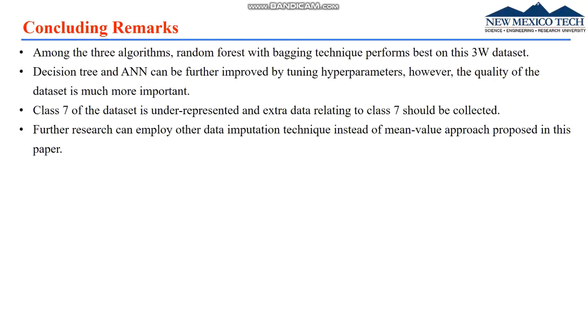Also, in this project, we used the mean value for data imputation, which means that we use the mean value of a feature and fill in the NA values of that feature. But other methods can be used for data imputation, and hopefully they can be more effective than our method.